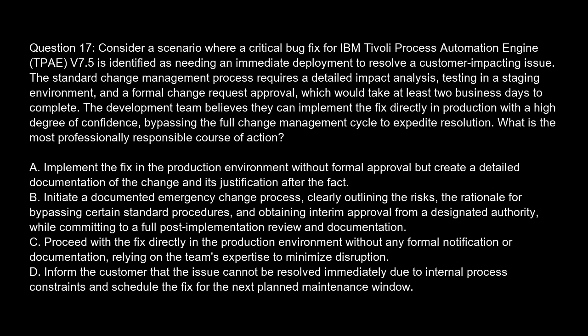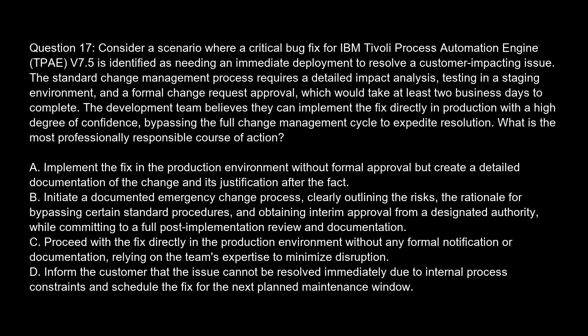Option A. Implement the fix in the production environment without formal approval, but create a detailed documentation of the change and its justification after the fact. Option B. Initiate a documented emergency change process, clearly outlining the risks, the rationale for bypassing certain standard procedures, and obtaining interim approval from a designated authority, while committing to a full post-implementation review and documentation.